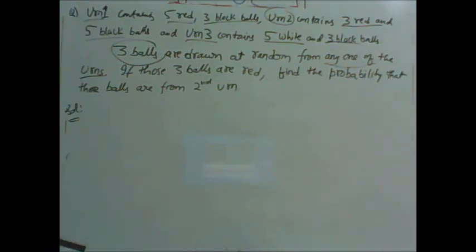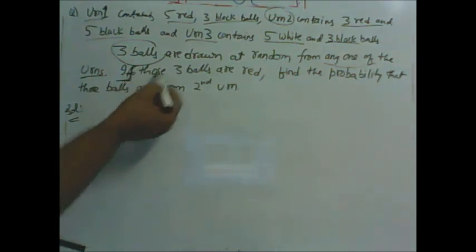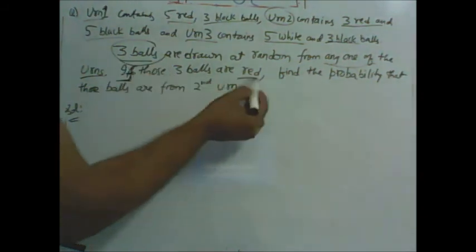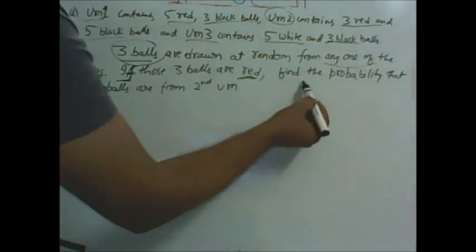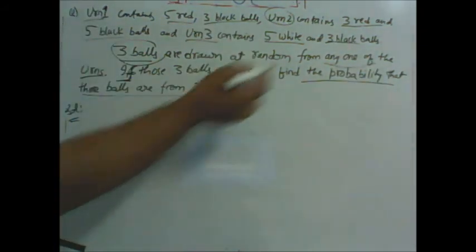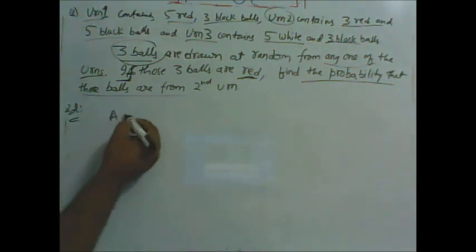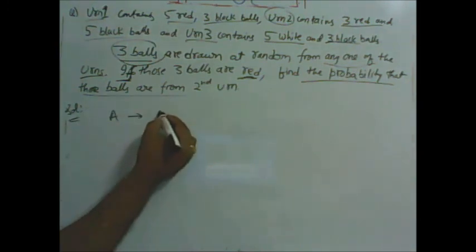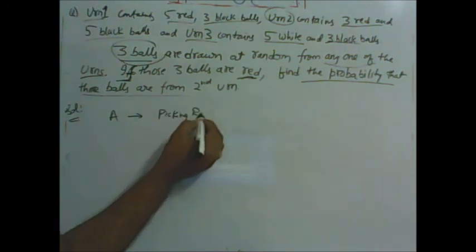He gives a condition: if those 3 balls are red, then find the probability that those 3 balls are from the second urn, urn 2. Here event A is picking red balls.